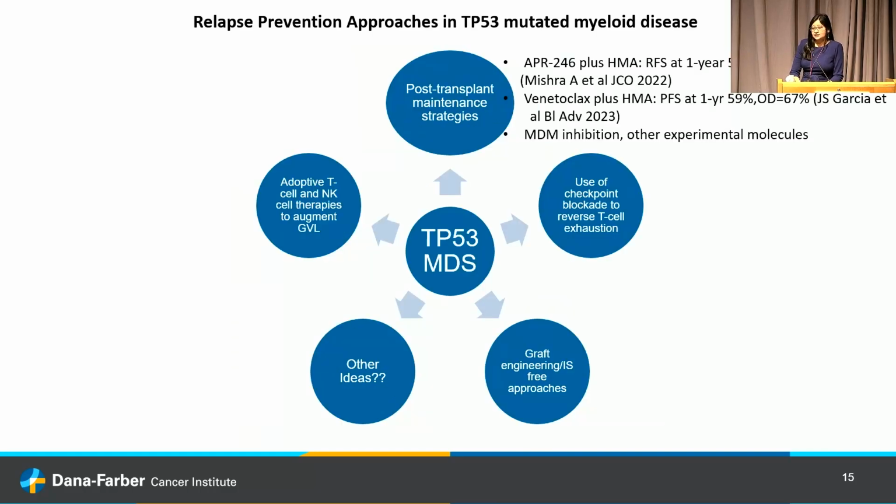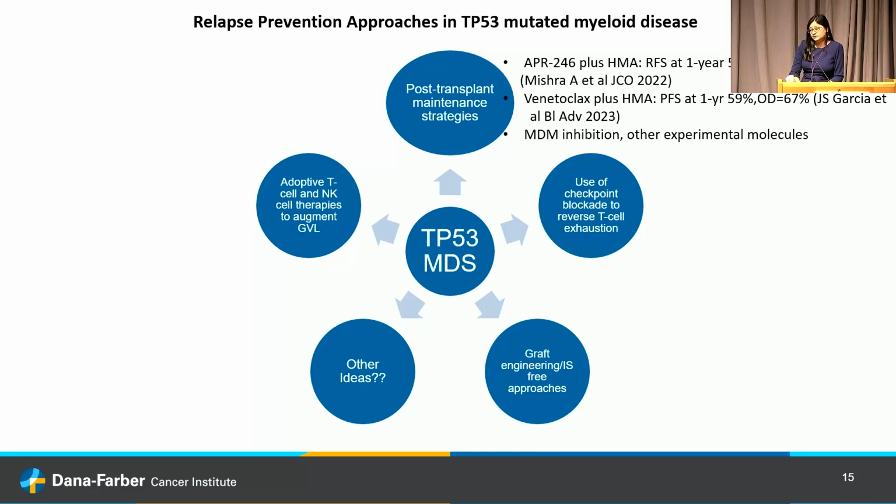So some of these clinical trials that we have that are undergoing or have been completed are outlined in this slide. We were very excited about APR-246, as were many in this room. Unfortunately, even with a relatively successful phase 1-2 trial with overall survival of 78.8% at 1 year, this drug is not available and is not something we can use. We have also been very interested in the Venetoclax plus HMA combination as maintenance.